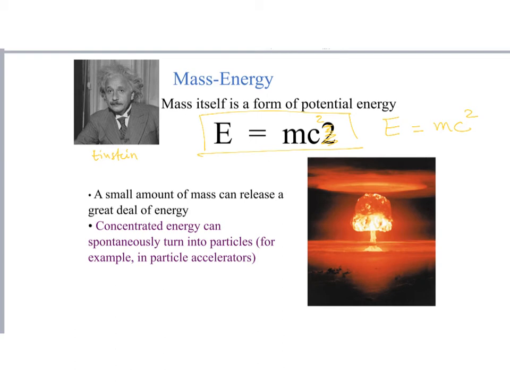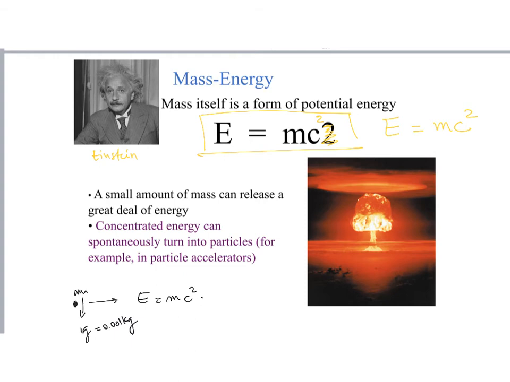Basically what Einstein discovered was that for any piece of matter, there is a certain type of potential energy stored in it. So you have a pebble, a certain mass, that can, in principle, be converted into energy. Just a gram, if you want, which is 0.001 kilograms. A tiny, tiny bit of matter.